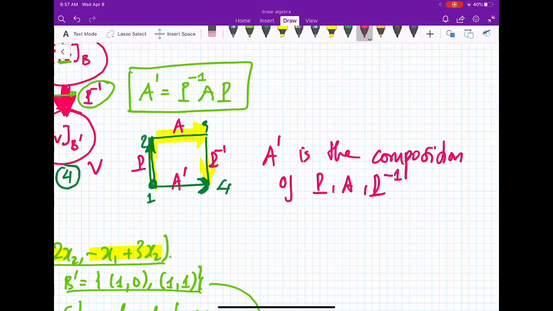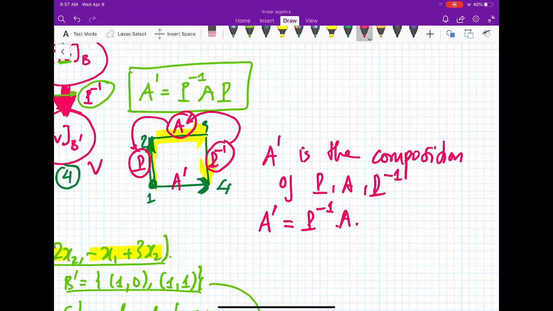If you have composition, you may define the matrix of compositions, right? So the matrix of composition A prime would be equal to, you take the matrix product, right? But in the reverse order. So that is P to -1, A times P. That's why you have A prime equal to P to -1 AP.